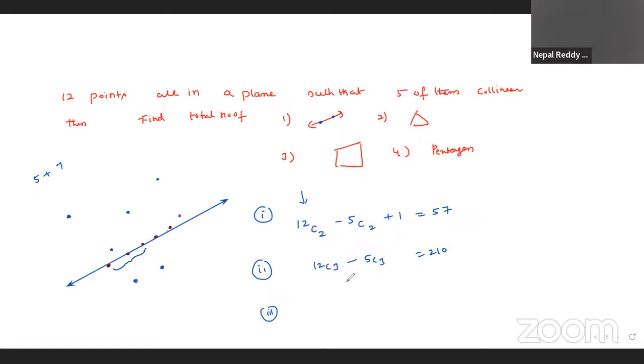All 4 points from the collinear points. Actually, there are 12 points, from which if you select any 4, then you will get a quadrilateral, and from this you have to remove the case of 3 points on the straight line and the other from the remaining 7. That gives a triangle but not a quadrilateral. Next, plus out of 5, if you select 2 points on the straight line, and out of 7, if you select 2 points, yes, it is.